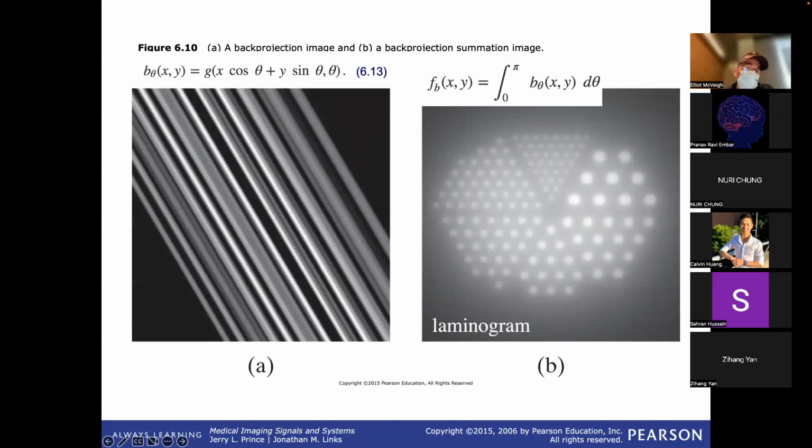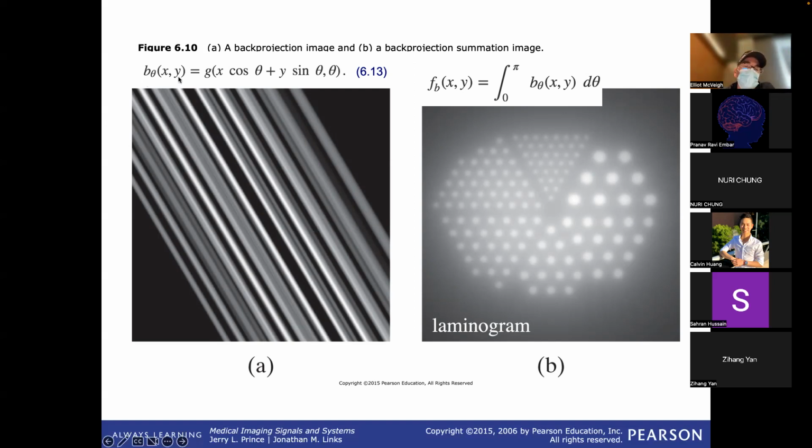Okay, so this is just as we discussed before. We're just going to take one of our views at a specific theta, and we'll map it back onto the plane XY, right, such that I just get a constant value along each one of these lines, which is the line that was sampled by L. And you can imagine this pattern changes as I change my angle, but all I'm going to do is just keep adding that up in the plane, right?